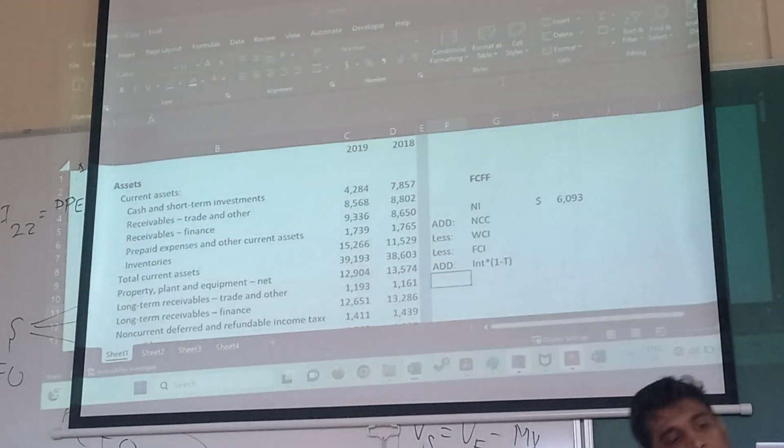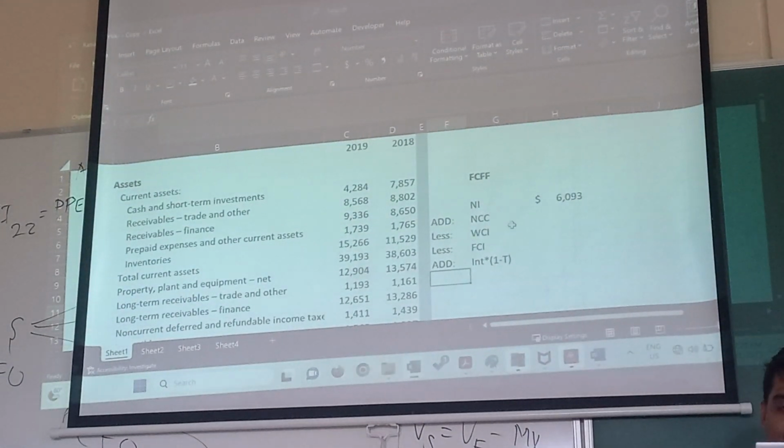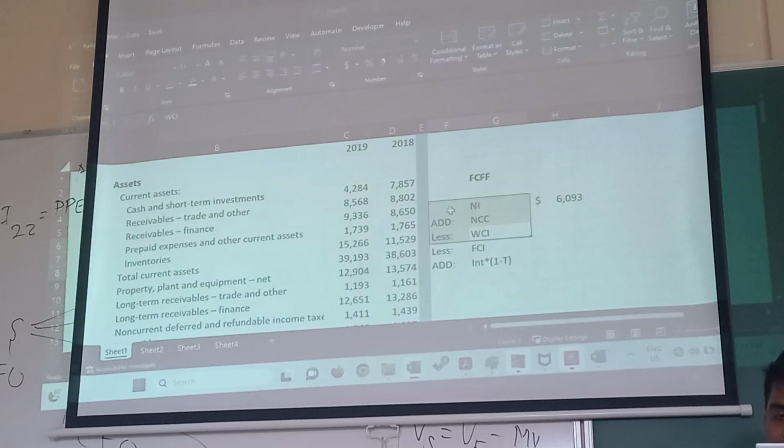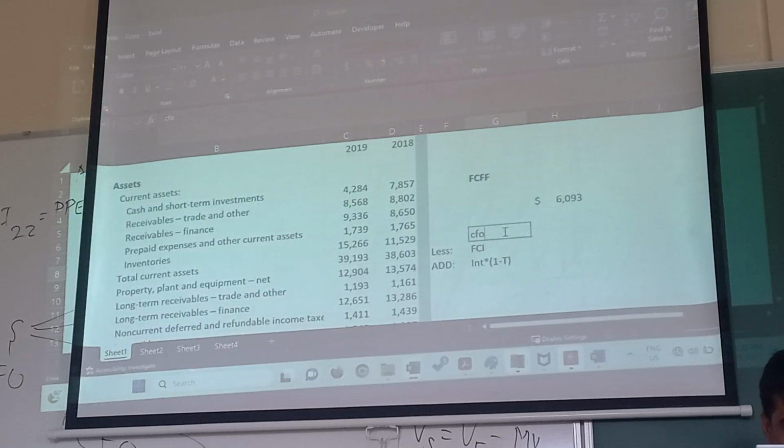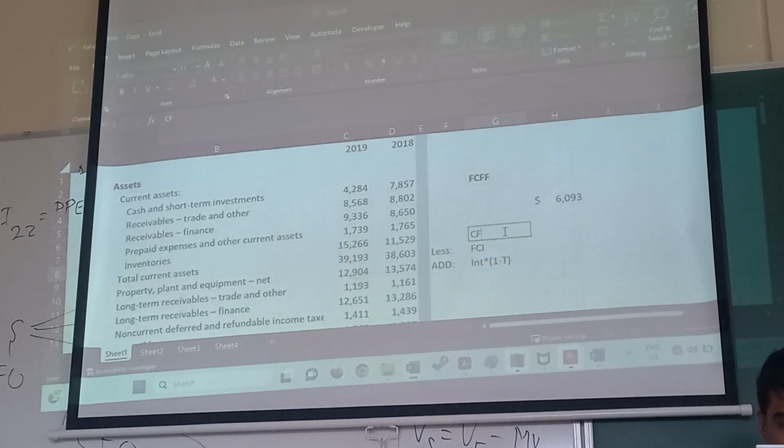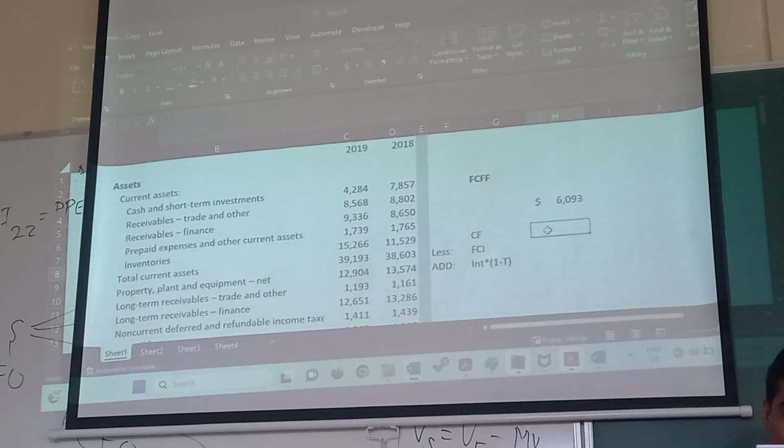So the best thing you can do is take the first three collectively, you can simply take the cash flow from operations. What's the cash flow from operations?